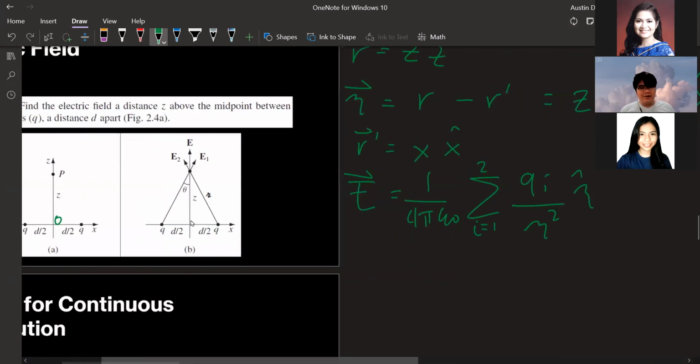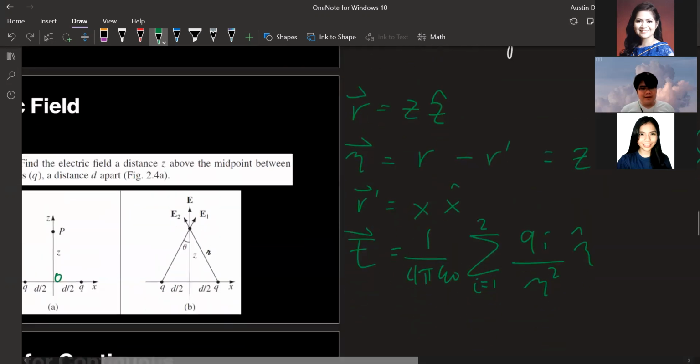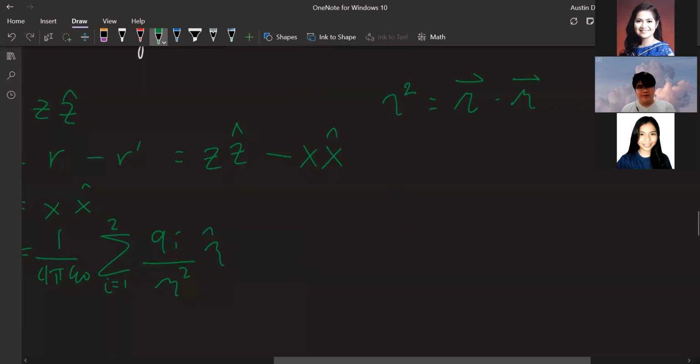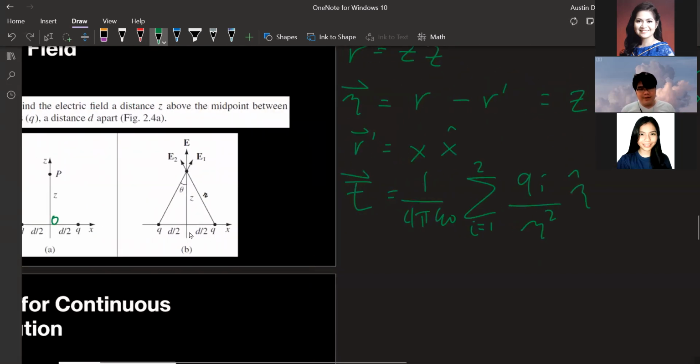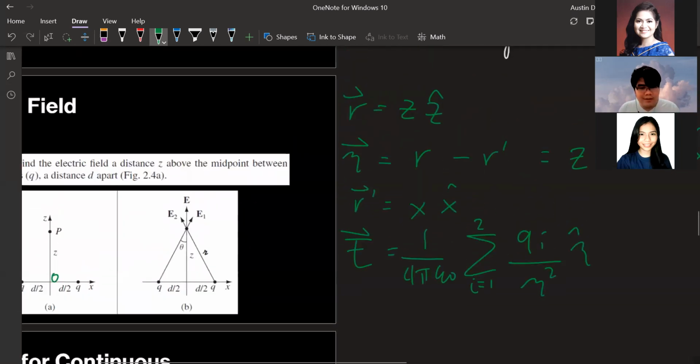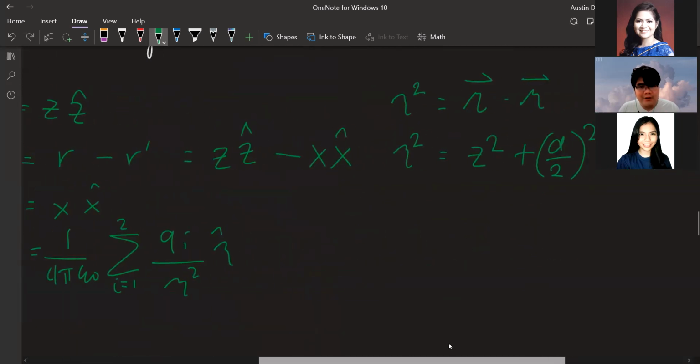Or you can just do your normal Pythagorean theorem. Di ba? This is just d over 2. This is just z. Similarly, I can write that this is just z squared plus d over 2 squared. Tama ba? Side squared plus side squared is equal to hypotenuse squared. Okay? Very clear.